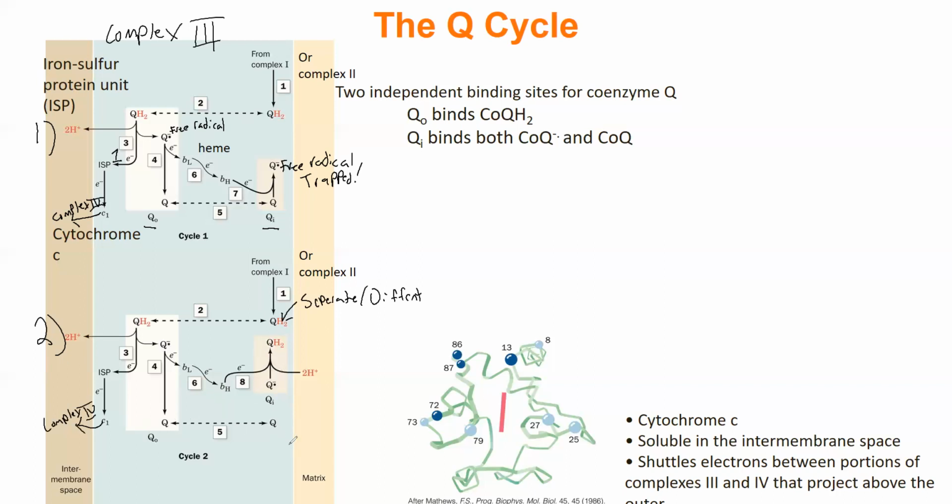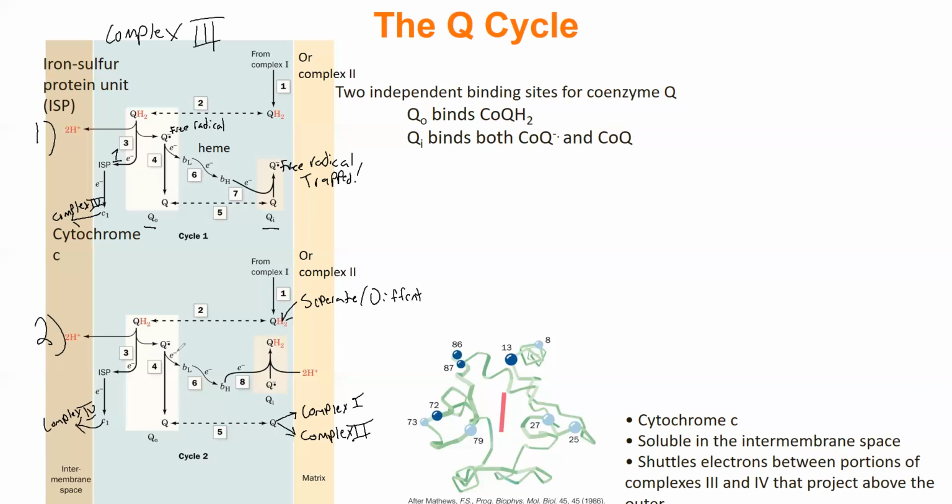So you just disassociate. You leave complex 3, and you either go to complex 1 or you go to complex 2 to receive more electrons and hydrogens.